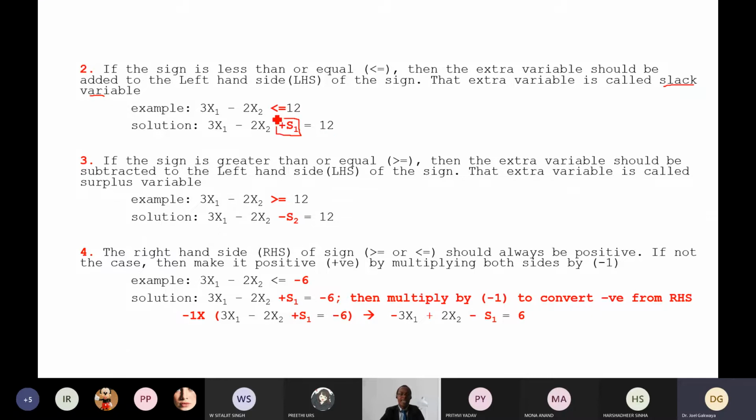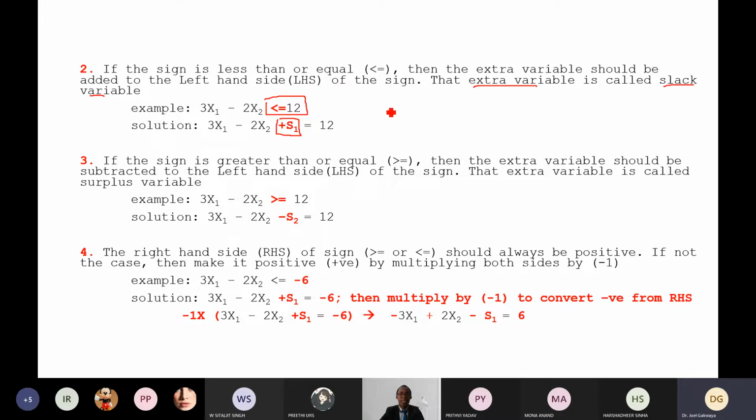Why? Because the sign is less than. So when the sign is less than, we have to add extra variables to the left side of the sign.